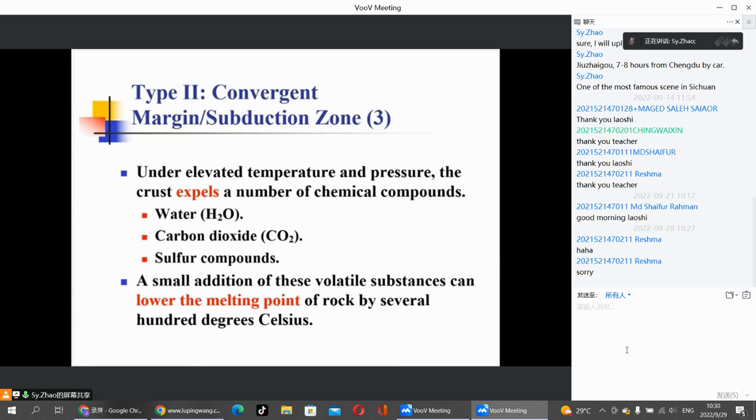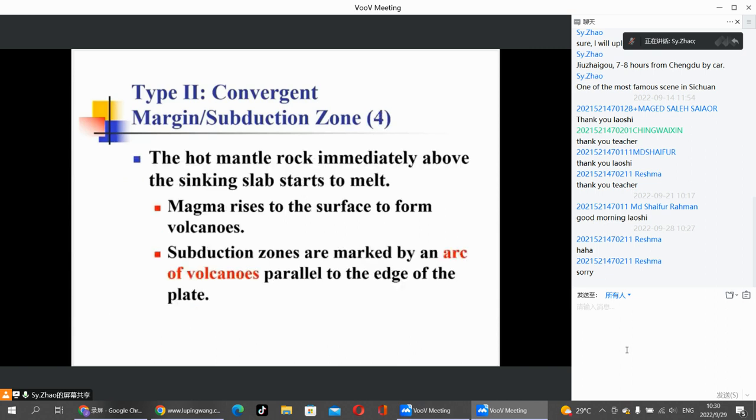Under elevated temperature and pressure, the crust expels a number of chemical compounds, including water, carbon dioxide, and sulfur compounds, and a small addition of these volatile substances can lower the melting point of rock by several hundred degrees Celsius.